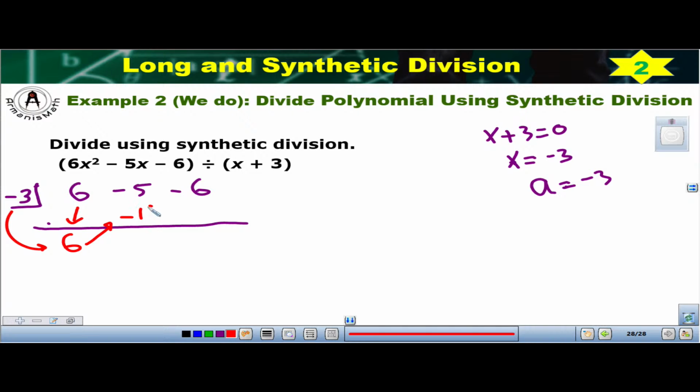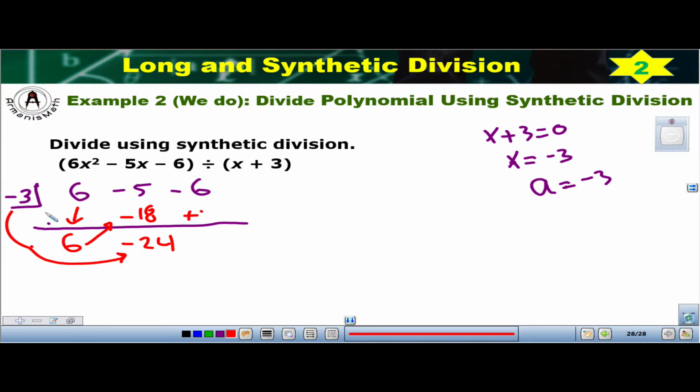So negative 18 minus 5 will be negative 24. I'm going to multiply negative 3 times negative 24. Negative 3 times negative 24 is positive. Negative 24 is almost 25, so I'm expecting 75-ish, a number around that.